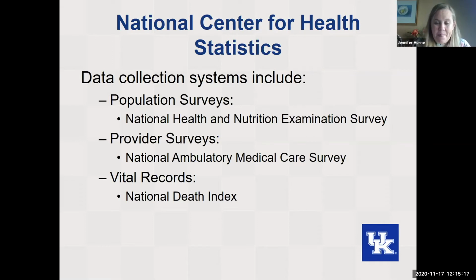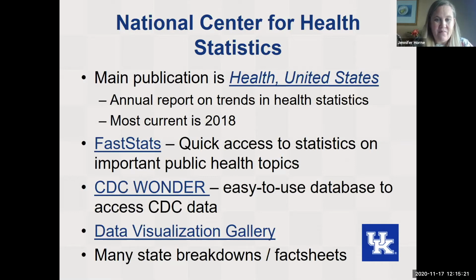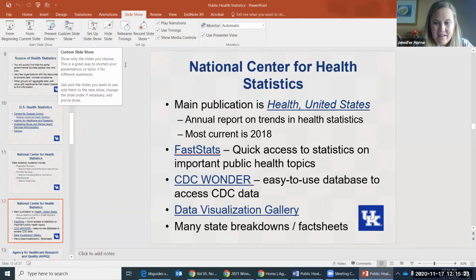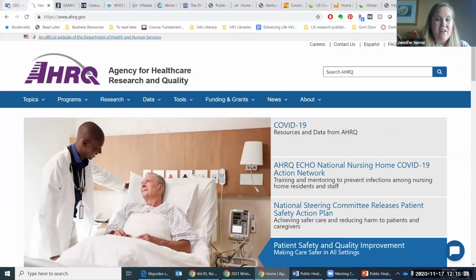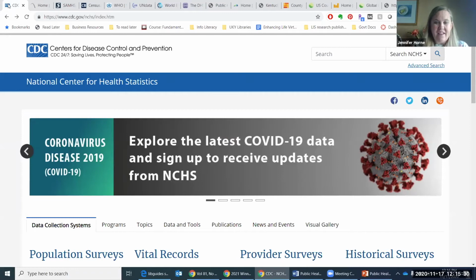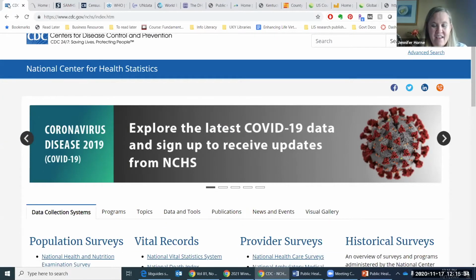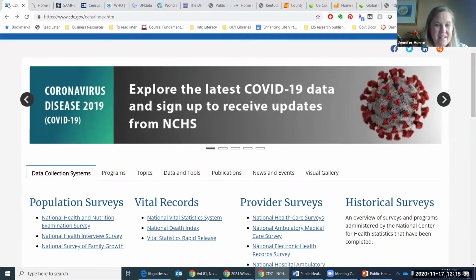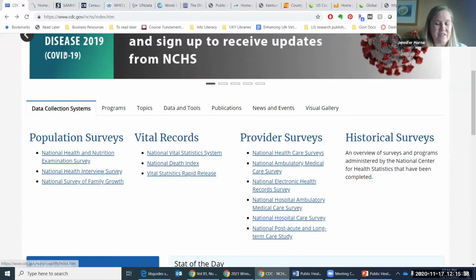So I'm going to quickly get over here. Okay, this is the main page for the National Center for Health Statistics, and you'll see that, as we talked about earlier, these are the different data collection systems they have: population surveys, vital records, provider surveys.